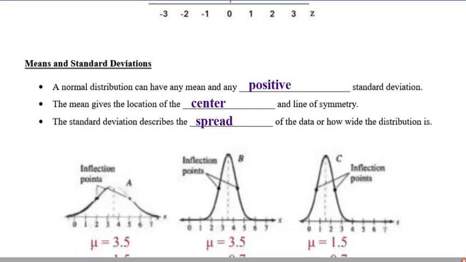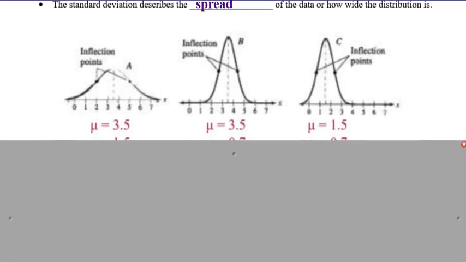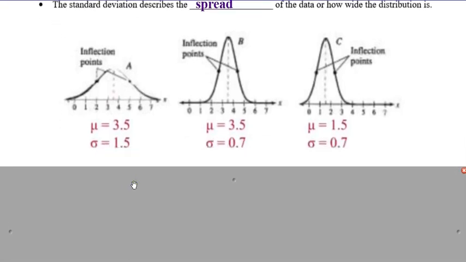So if you look here, a little blurry, sorry. You have what are called inflection points. That's where the curve starts to change its slope. On the first one, on A, the mean is 3.5.